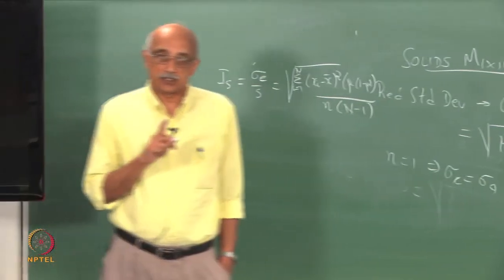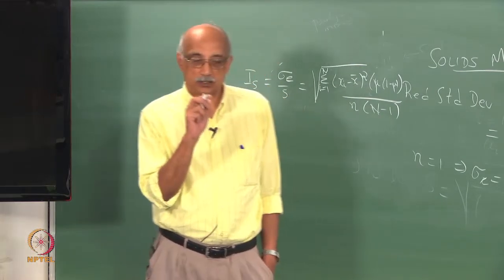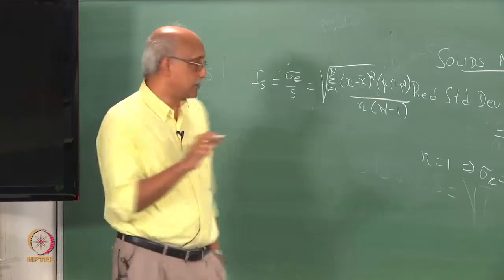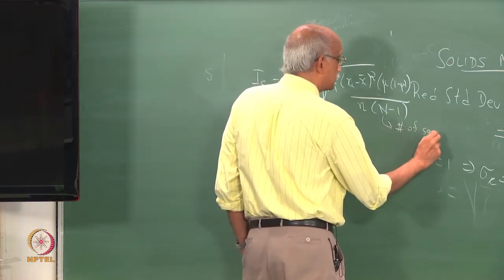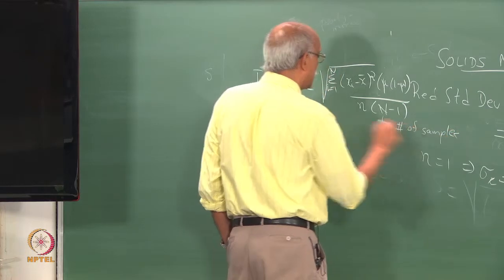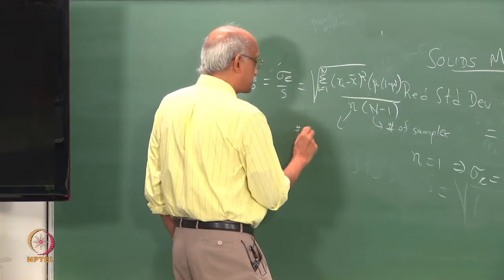Again, capital N is the number of samples and n is the number of particles per sample.